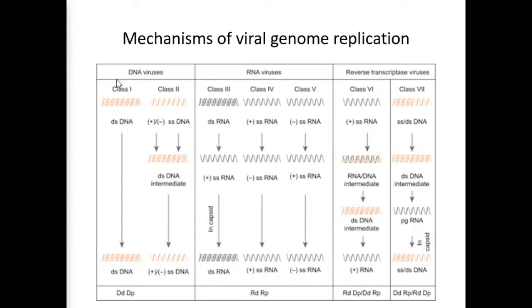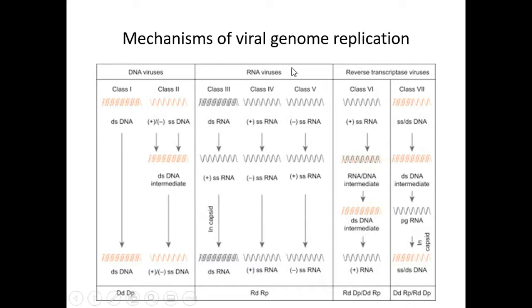So class 1, double-strand DNA virus, replicate directly as double-stranded DNA. Then we have class 2, single-strand DNA, either positive or negative. They form a double-stranded DNA intermediate and then produce either positive or negative single-stranded DNA.